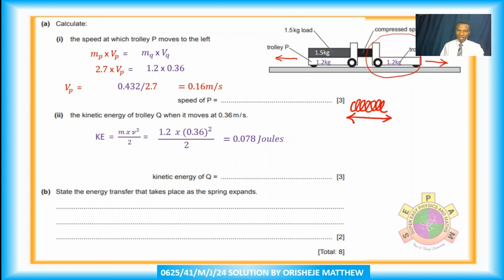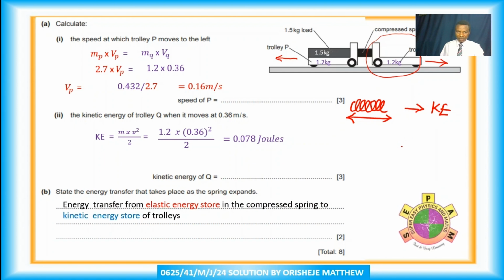The energy stored in the spring is elastic potential energy, and as it expands, it pushes the two trolleys away and the trolleys start moving. So it is from elastic potential energy to kinetic energy. That is the energy transfer that takes place in the spring.